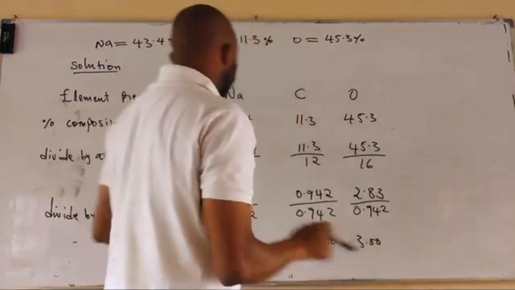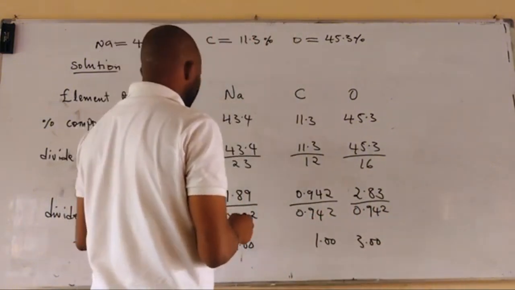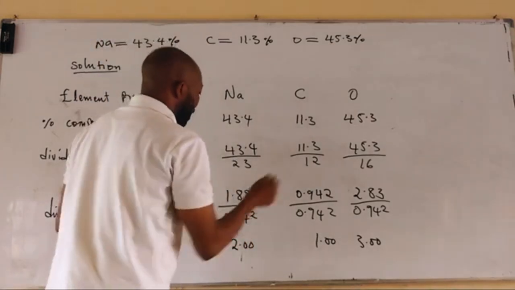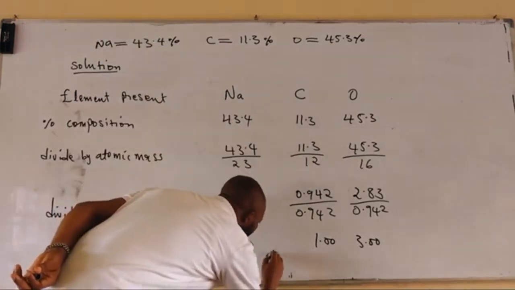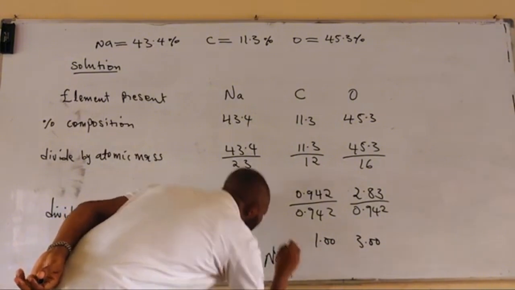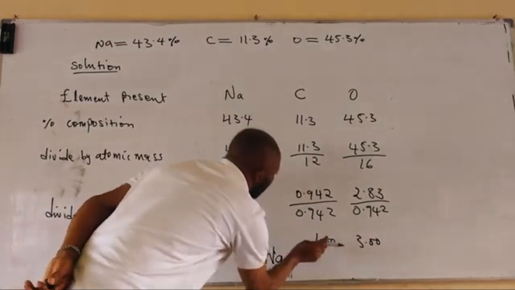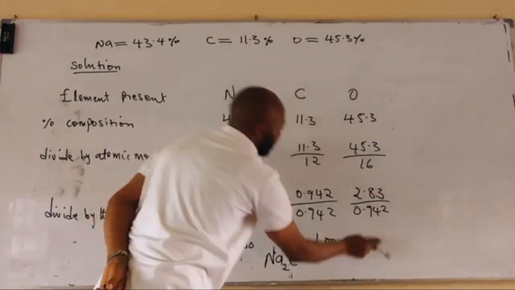So if that is true, sodium is 2, carbon is 1, oxygen is 3.